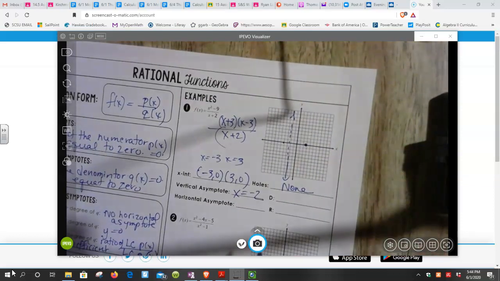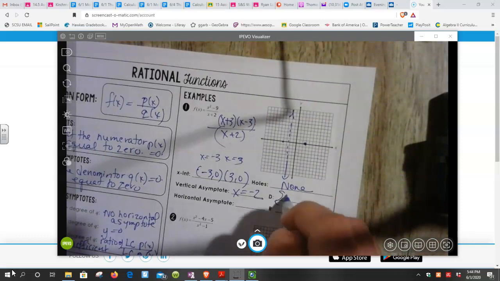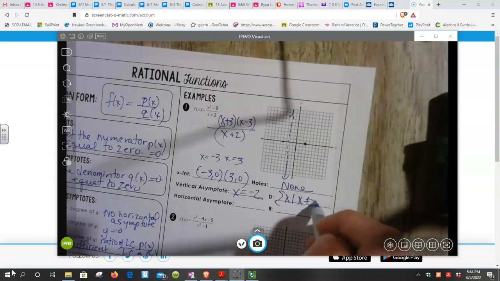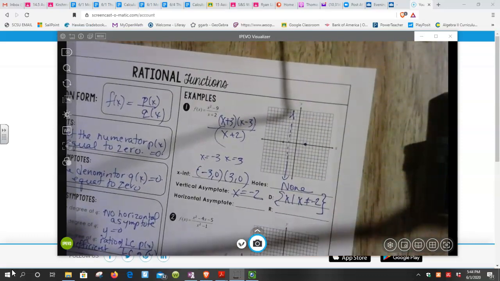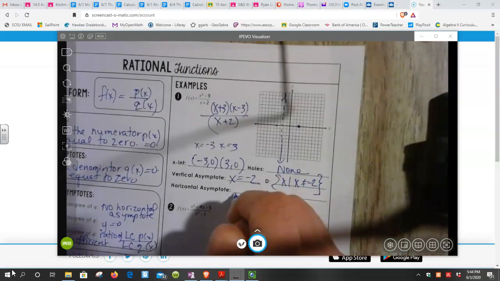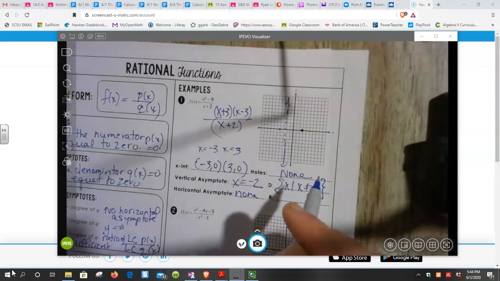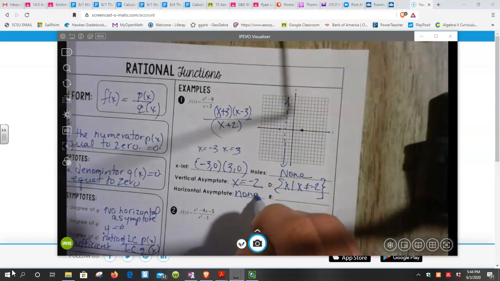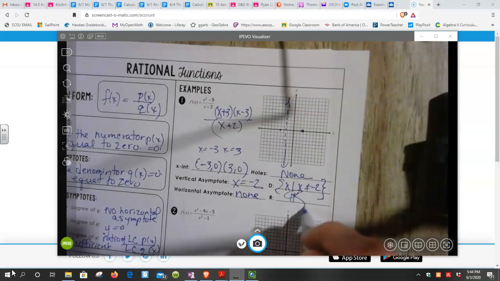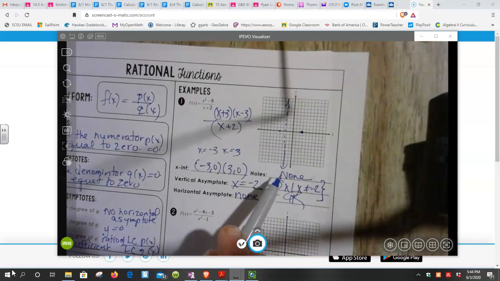Our domain is going to be all x such that x does not equal negative 2. Horizontal asymptote, none, because the numerator has a higher degree than the denominator. And so our range could be anything here. Y is not limited at all.